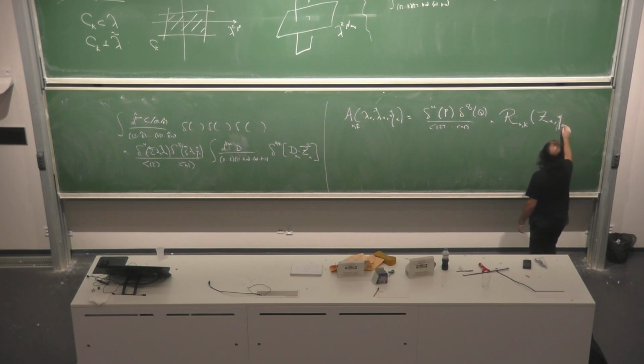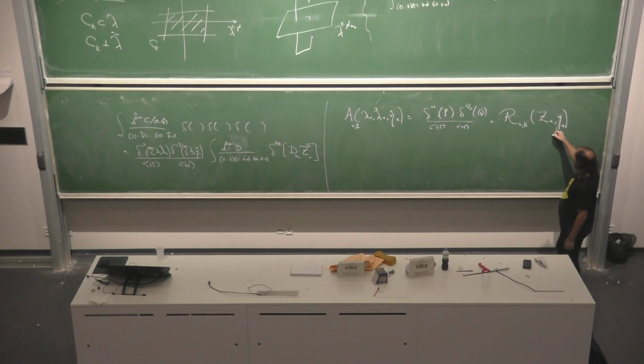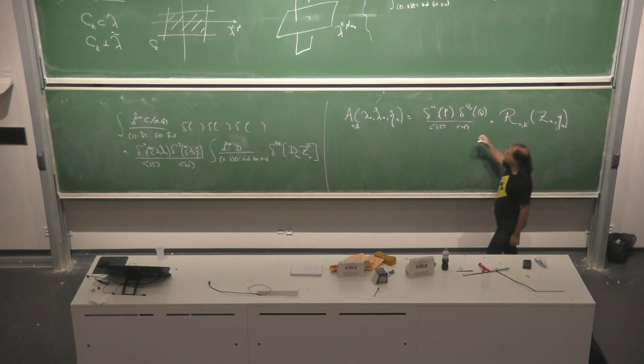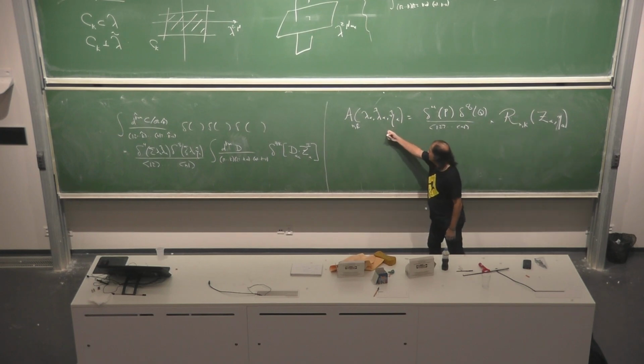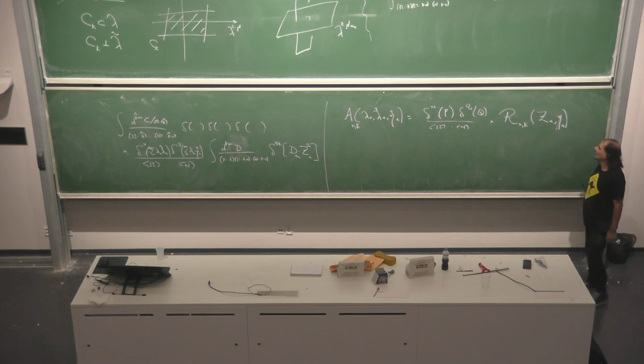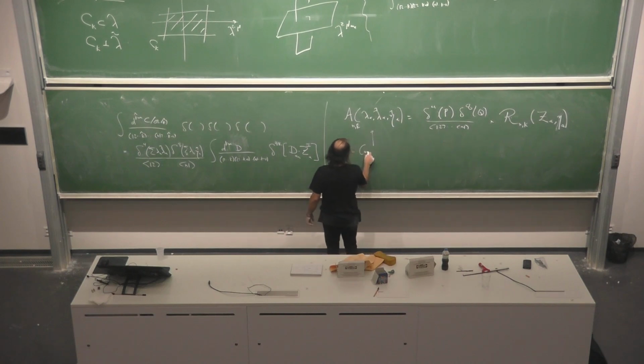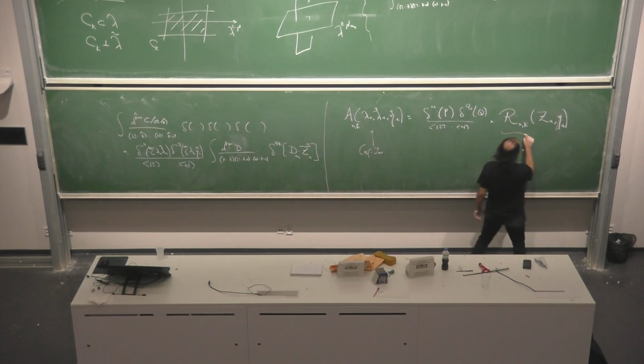And these etas are related to the eta tildes the same way the lambda tildes are related to the mu's. Right. So this is conformally invariant. This is dual conformal invariant.